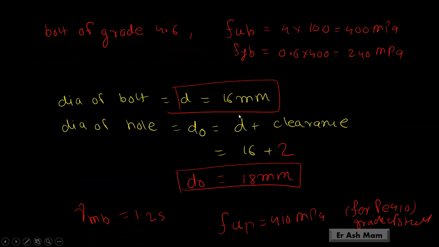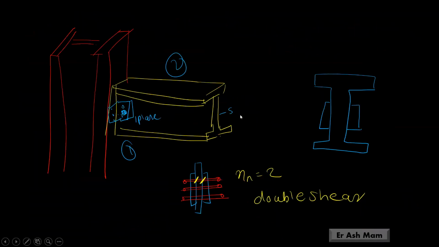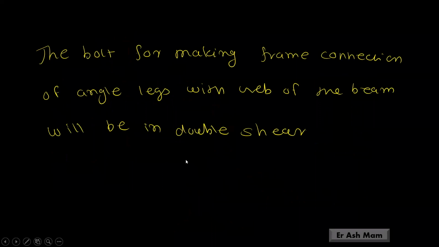So out of these three plates, thickness of this web is 8.1 mm. Thickness of this angle plate is 10 mm, and thickness of this frame angle is 10 mm. So 10 plus 10 is 20, and here is 8.1 mm. Then the weaker plate will be 8.1, or in bearing this plate will fail first. Therefore consider thickness equal to 8.1 mm.